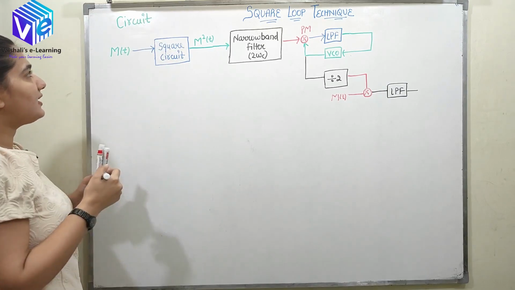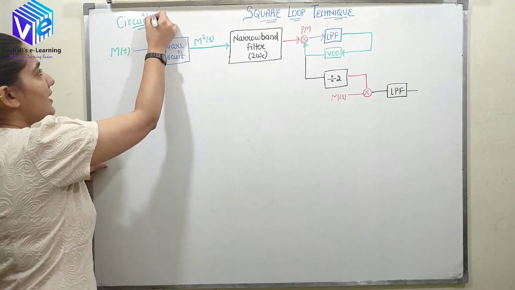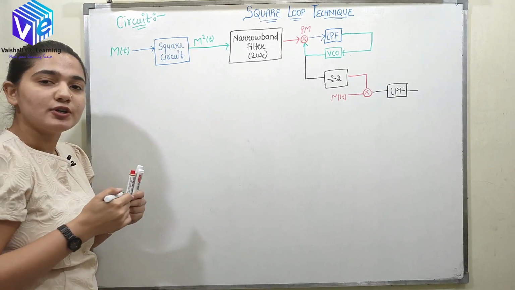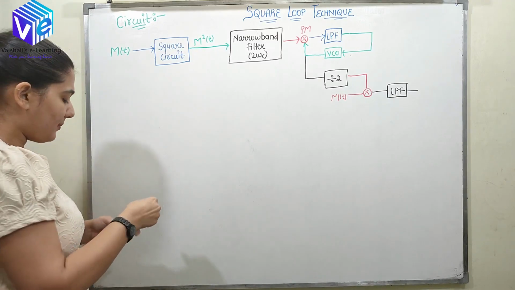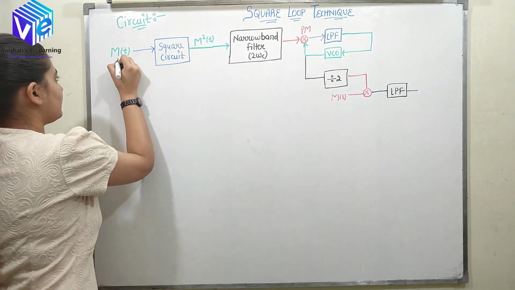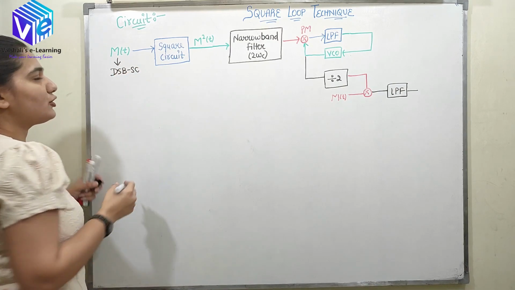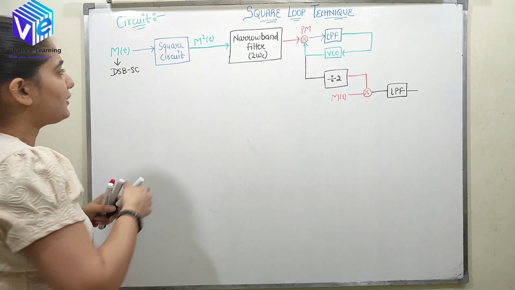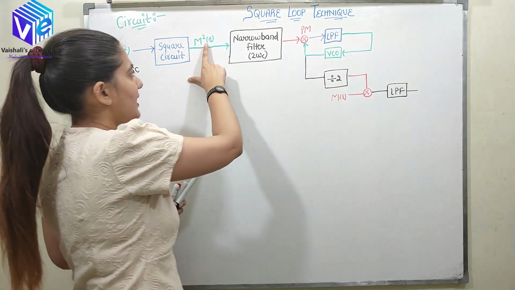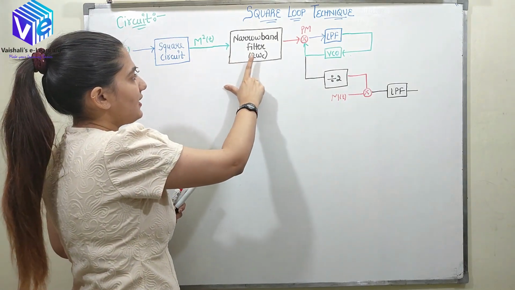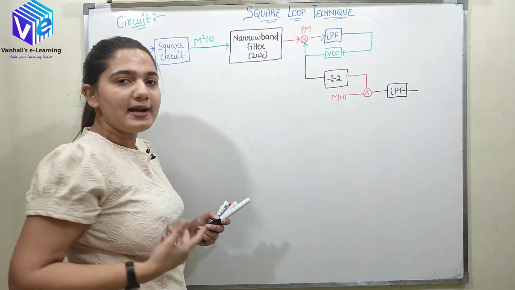Here I am feeding m(t), my modulated output, the modulated double sideband suppressed carrier, which represents the DSB-SC modulated signal. It is fed to a square circuit, from where I get m squared t. Then it is fed to a narrow band filter.